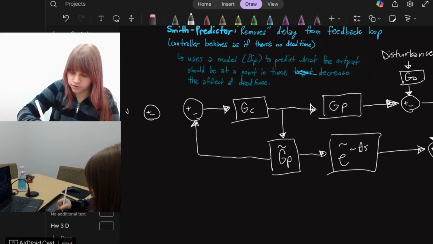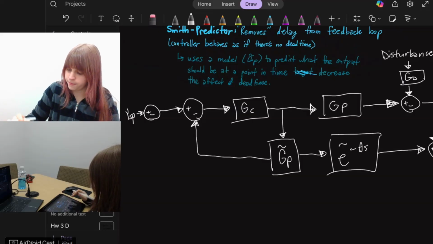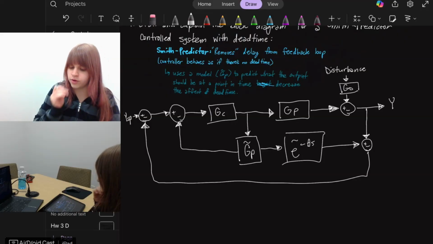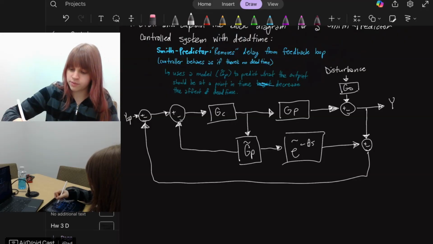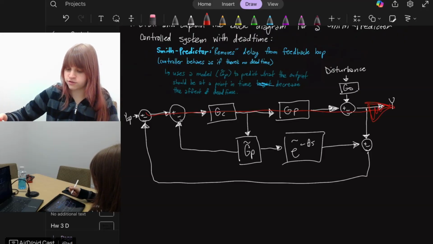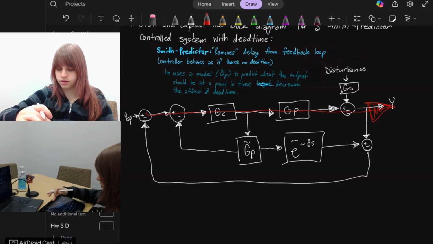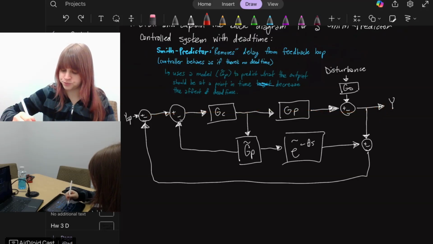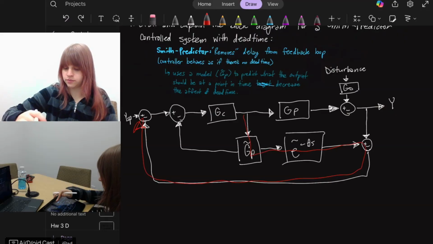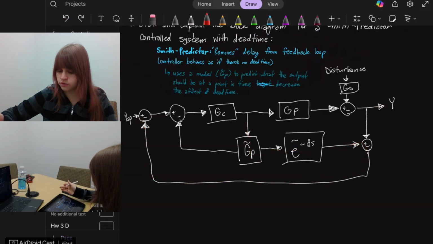So we have our set point going into that one, and we need to compare our model to what is actually coming in. So up here at the top, we have our system with no dead time, but we use our Smith Predictor here to account for dead time. Basically this is used to try to get rid of the effects of dead time.